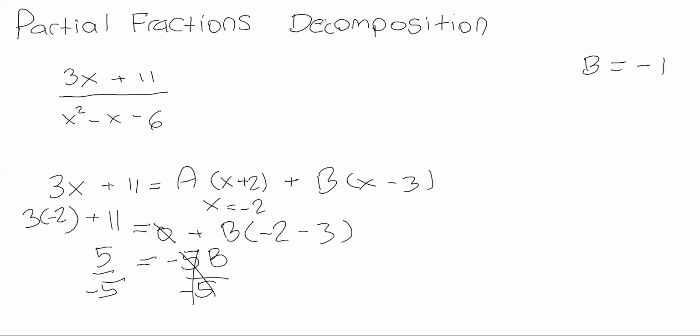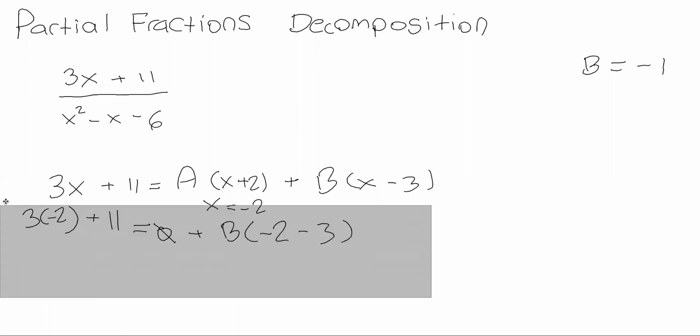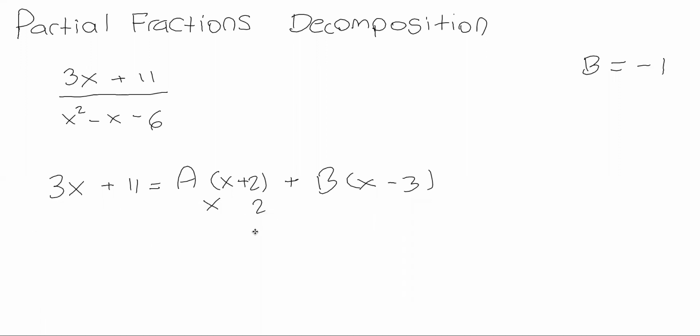So I like to just write these values right at the top corner as I find them. And then once I have that, I want to clear up some space over here so that we can find a, which is going to be a nearly identical process. So now we want to pick another strategic value for x that will allow us to find a. So we want to set x equal to 3, because only that value will make this entire b term go to 0.